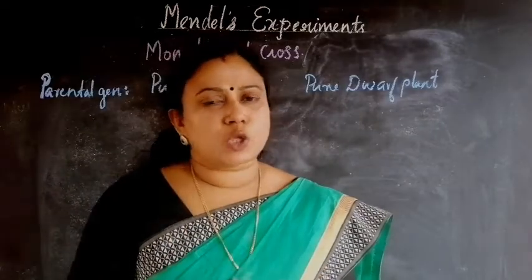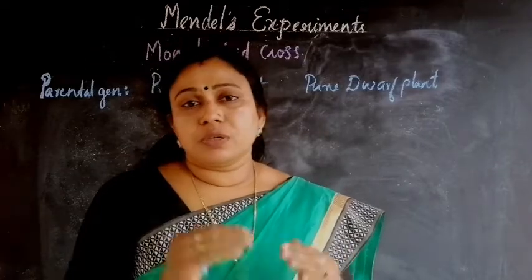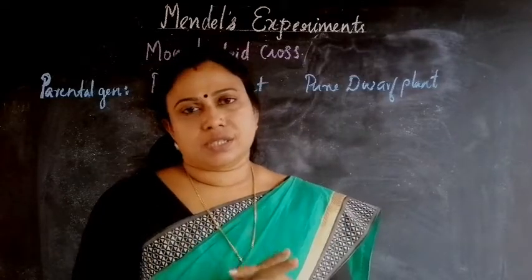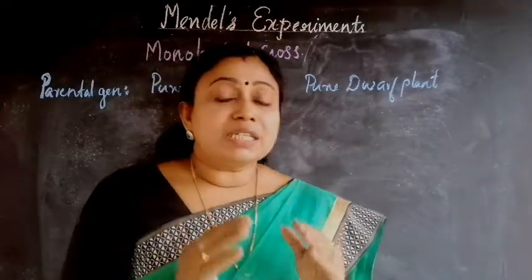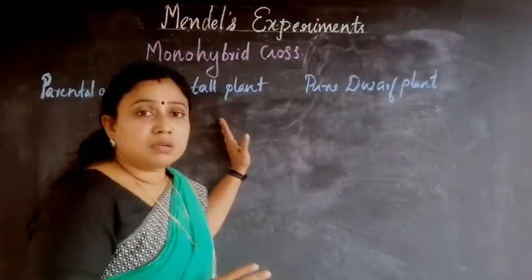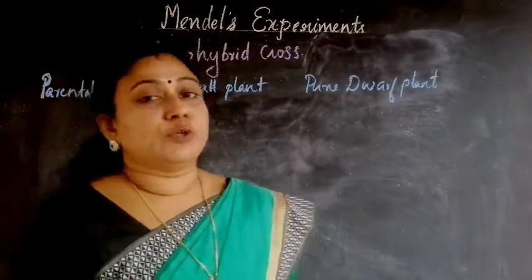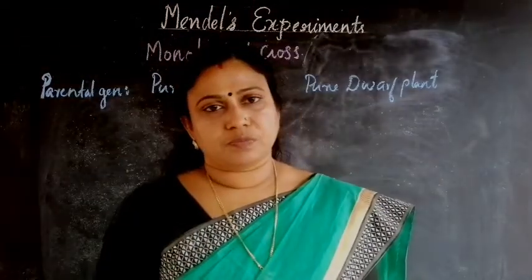For doing this monohybrid cross, Mendel took the character height, and Mendel first selected a pure tall plant and a pure dwarf plant for doing this cross.